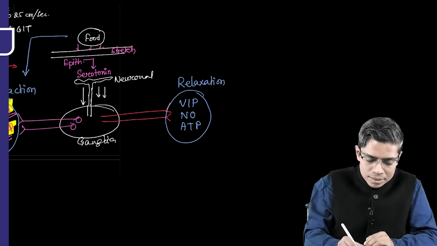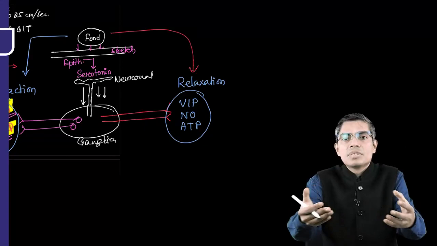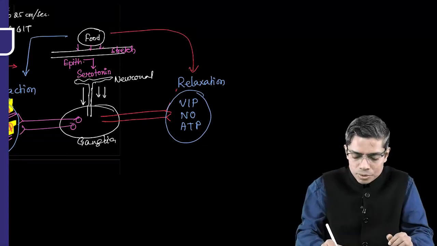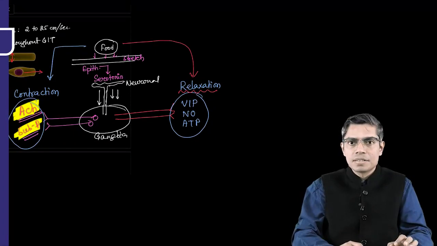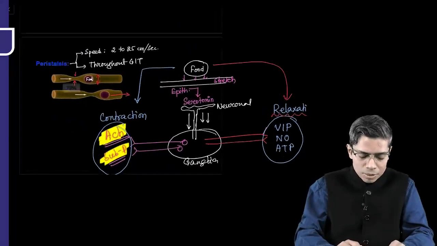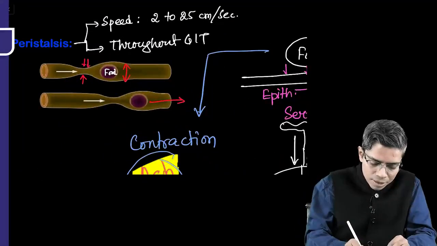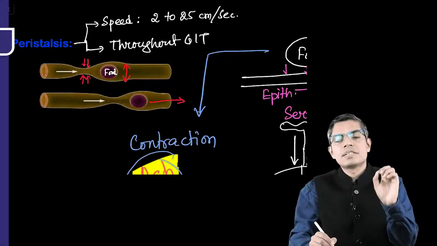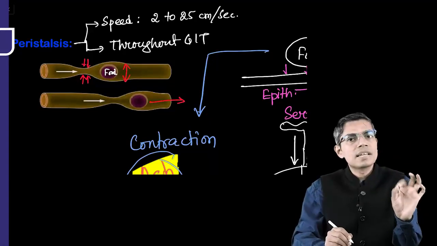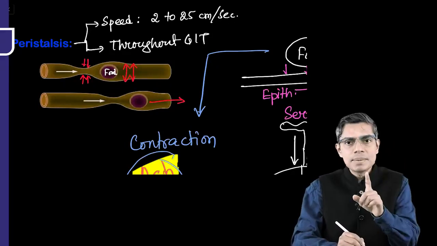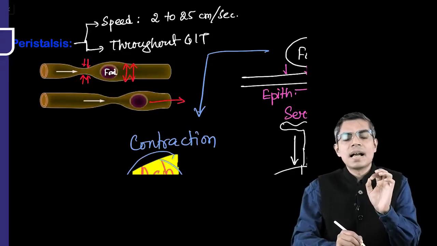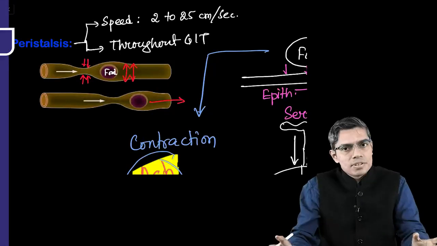That's why the distal part of the GIT ahead of this food particle is going to relax, and this is nothing but peristalsis. So now I can conclude that the proximal contraction in peristalsis is done by acetylcholine and substance P, and distal relaxation is done by VIP, nitric oxide and adenosine triphosphate, right?